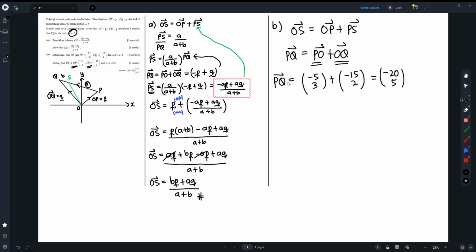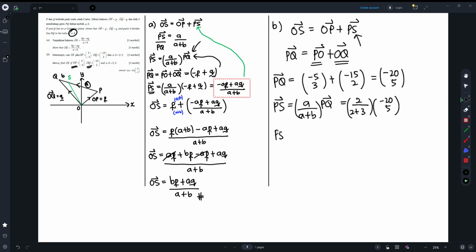So I'm going to use this information in this particular vector PS. I know my vector PS is equivalent to A over A plus B multiplied with vector PQ. All this information is not new because I wrote it here, so I'm just recycling. So my vector PS is, A is equivalent to 2 in this case, and A plus B will be 2 plus 3, with PQ, which is negative 20 and 5.